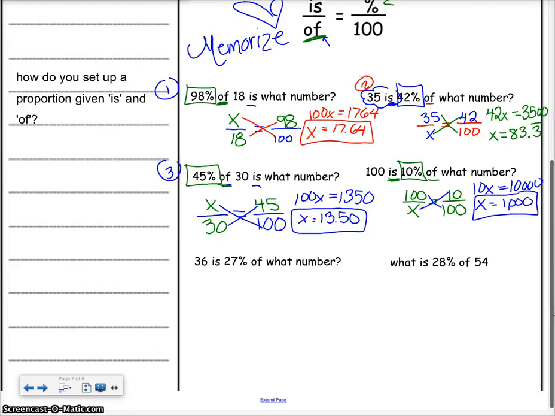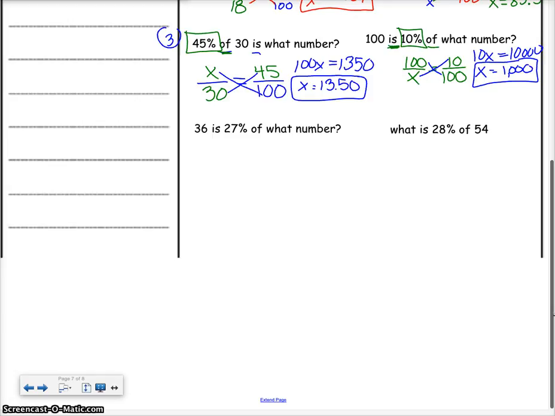Alrighty, last two here. 36 is 27% of what? Again, I see the is and of, so I know it's an is over of equals percent over 100. And the only two numbers by the is are 36 and 27%. That's a percent, so it goes above the 100. So 36 is my is, which goes on top.